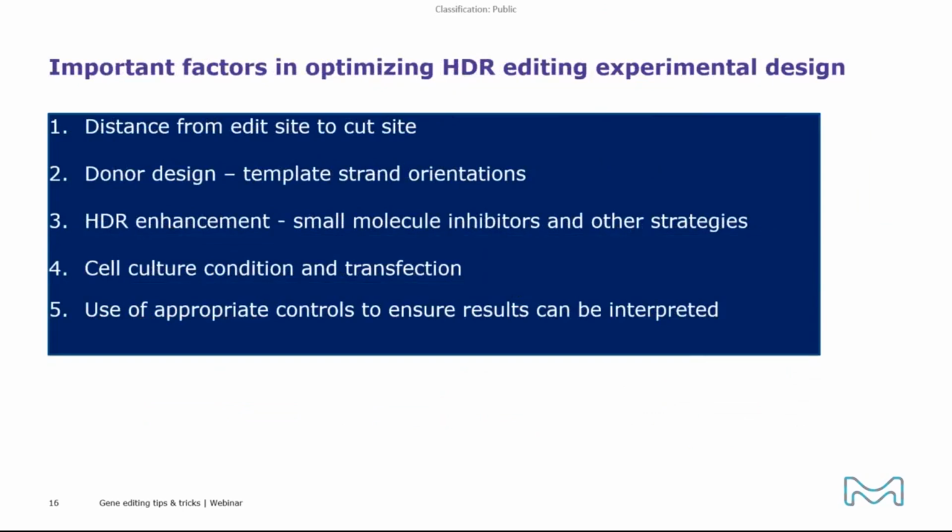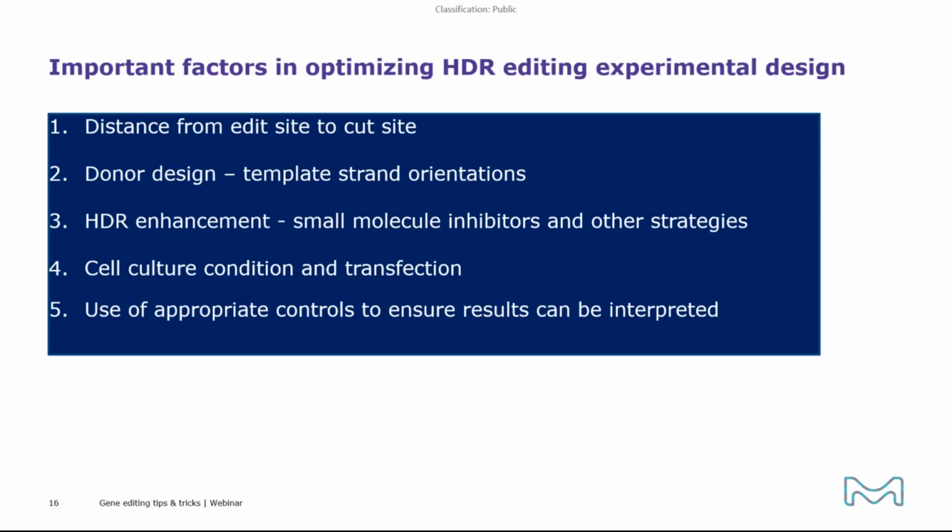What are the important factors that need to be considered when optimizing HDR editing experimental design? The first one is the distance from cut site to edit site. You want to find a cut site as close to the edit site as feasible.